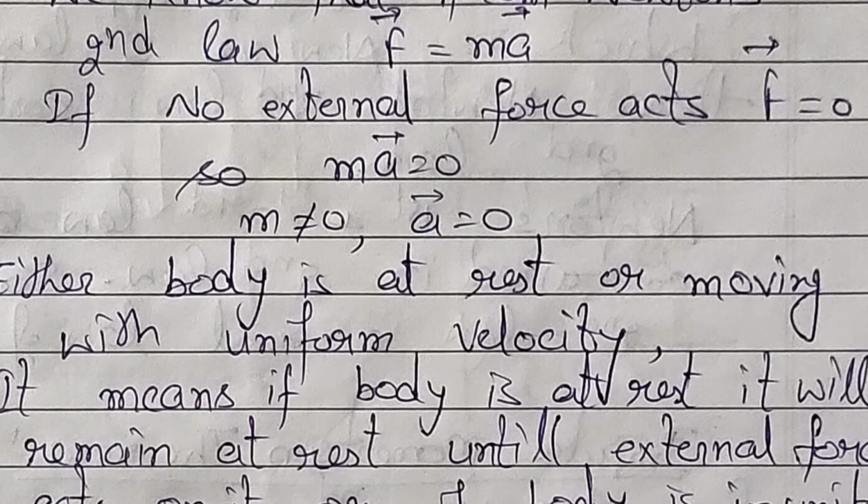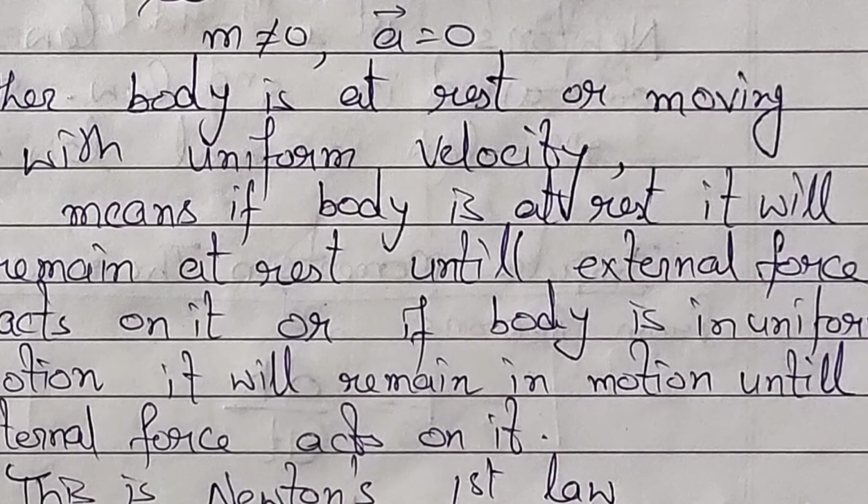Mass cannot be equal to 0, so acceleration is 0, which means either the body is at rest or is moving with constant velocity. It will not come to rest if it is moving with uniform velocity, or it will not move if it is at rest, because no external force is there. So this is Newton's first law.